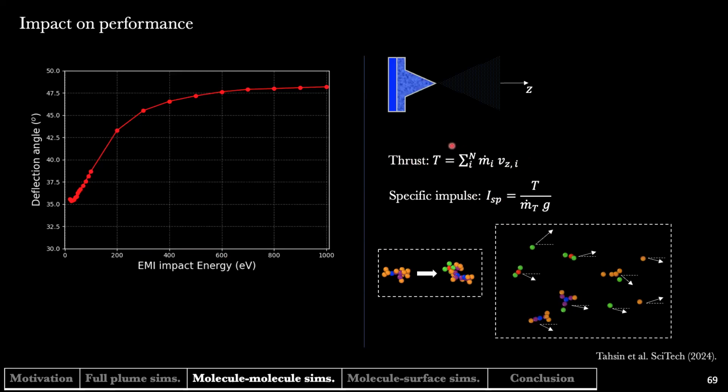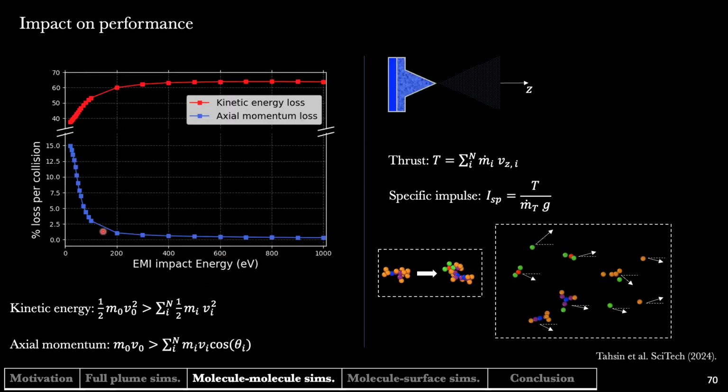So the performance of the spacecraft depends on the axial component of the velocity. So all these off-axis deflection angles are detrimental to the overall performance of the thruster. And this figure here on the left gives the deflection angle as a function of the impact energy, sorry.